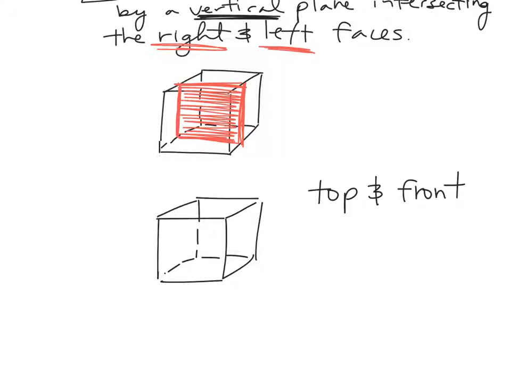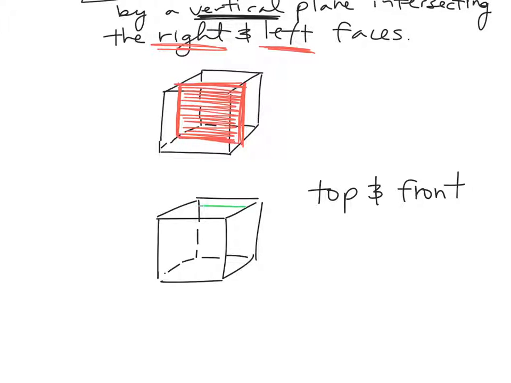They just say, give me the cross section that would go through the top and the front faces. What did I say you do oftentimes with these? Draw what? Parallel lines, okay? So now you have to think about that. How could I get parallel lines that go through the top and the front? And in order to make them parallel, we would have to draw them horizontal right now.